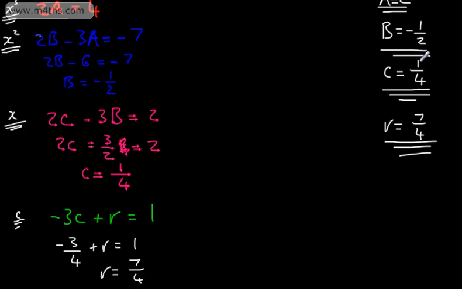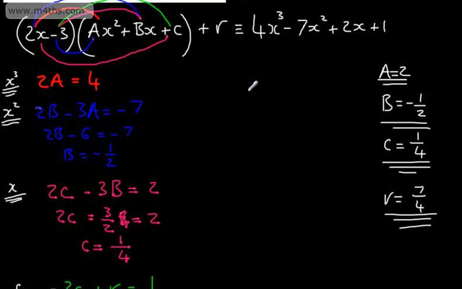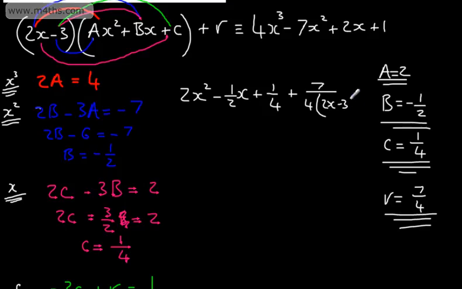If we look at those values, all of those look familiar from before. So what we can simply say is, simplifying this expression here, we're going to now substitute back in 2x squared minus 1/2 x plus now the 1/4, so plus 1/4, and now plus the remainder, which is going to be 7 over 4 lots of 2x minus 3.